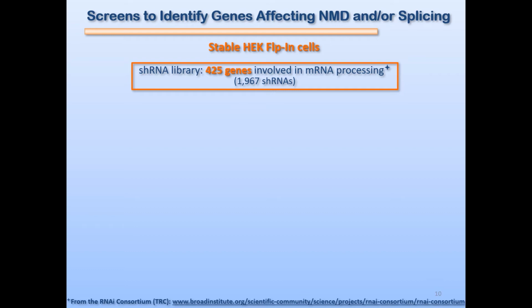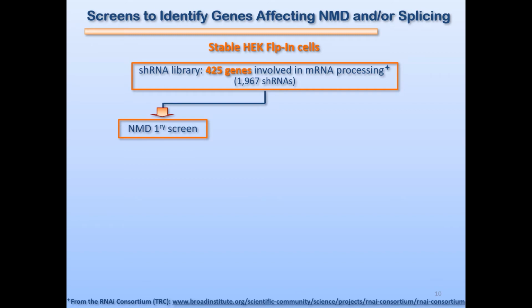And we have screened the library of shRNAs, which actually targets 425 genes. So these genes are known to be involved in messenger RNA processing. Altogether, this was almost 2,000 shRNAs because each gene was targeted by 4 to 5 shRNAs.